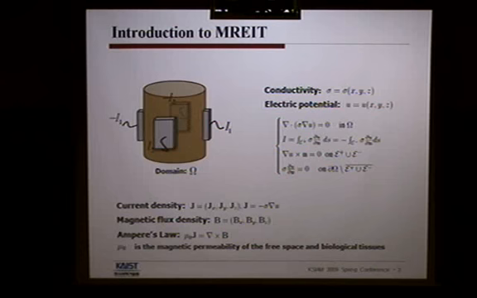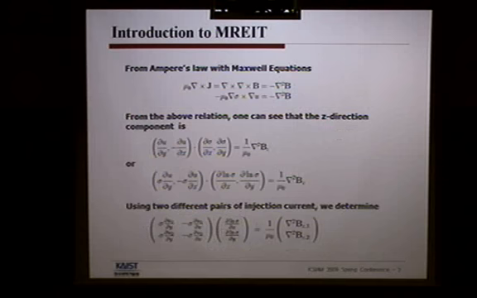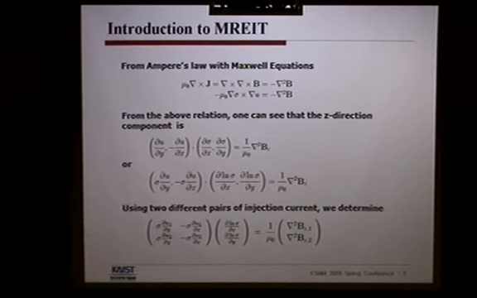J is the current density, expressed as minus sigma grad U, and B is the magnetic flux density. From Ampere's law we have this, where mu 0 is the magnetic permeability, so mu 0 J is equal to the curl of the magnetic flux density. Using Ampere's law and Maxwell's equations, we have these relations between conductivity, electric potential and magnetic flux density.